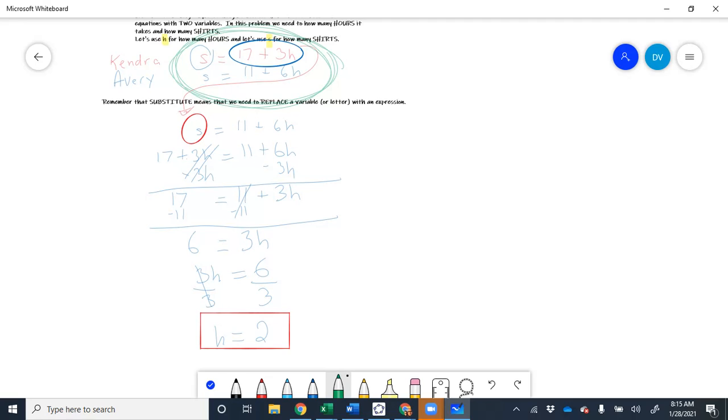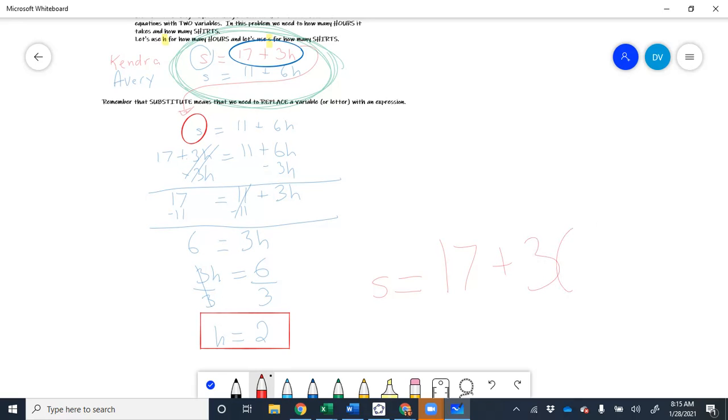So I'm going to write that red equation. But when I write it, I'm going to put the h in parentheses. So it says s is equal to 17. I don't want my s to look like a 5, so I usually make my letters a little bit smaller than my numbers. Plus 3.